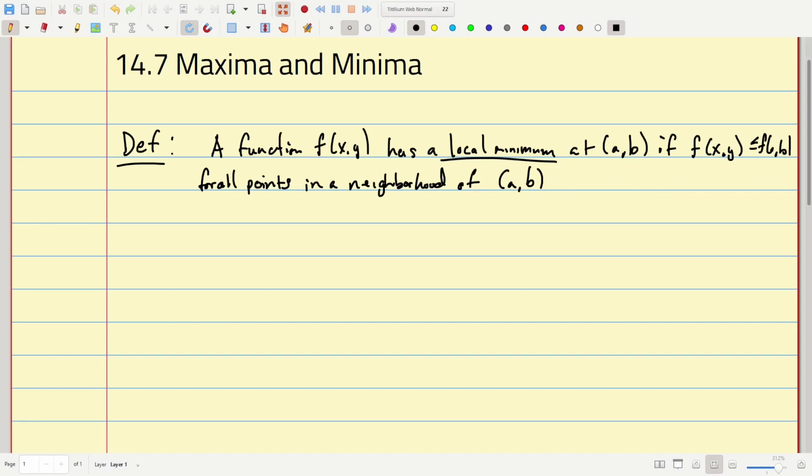Okay. Remember that a neighborhood would be, if (a, b) is this point in the middle, some small disk around (a, b) that has potentially very, very small, but a positive radius. Okay.